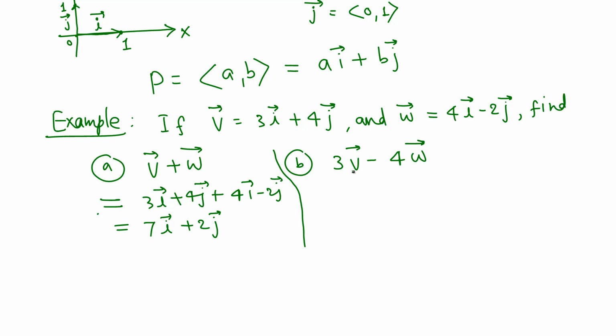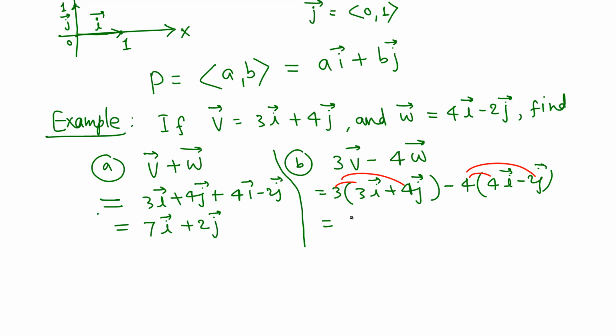Now here, 3v minus 4w. So this is scalar 3, and we have vector v, which is 3i plus 4j, minus scalar 4, and w is 4i minus 2j. So we saw earlier we have to distribute this.